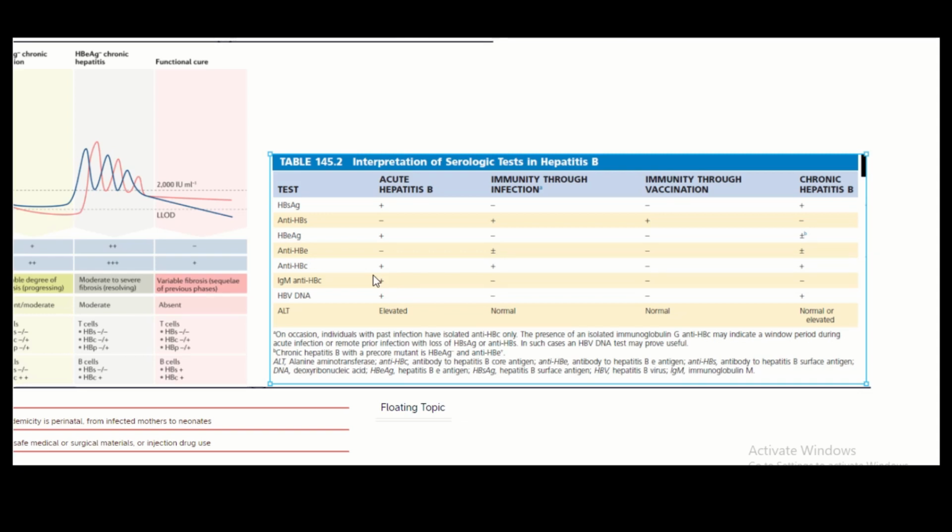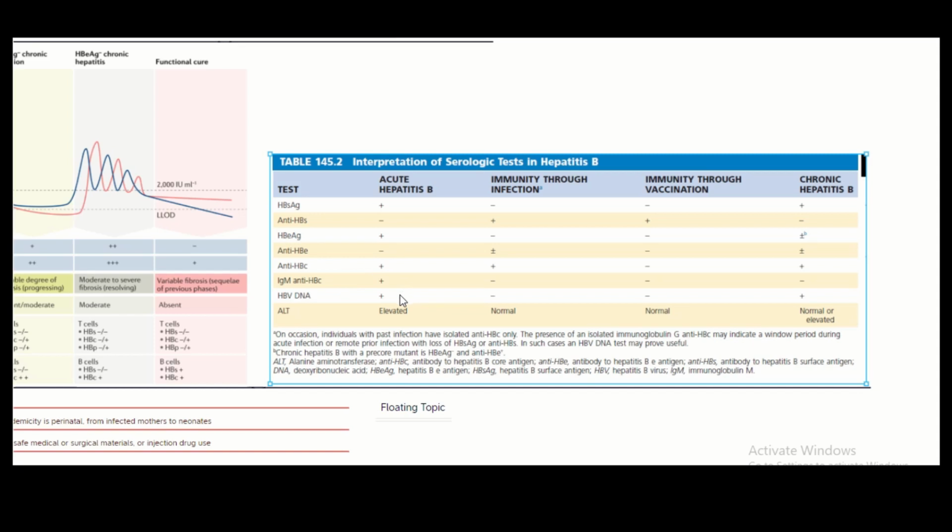So once again, in the acute phase, we will have markers that show us that the virus is present and replicating. These are HBV DNA, HBe antigen, and HBs antigen. If we were able to detect the HBc antigen, we would find it also.